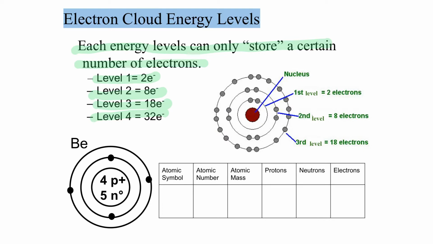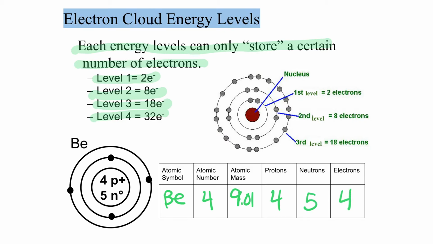So if we are looking at this Bohr model, the atomic symbol would be beryllium. The atomic number is 4. The atomic mass is 9.01 from previous. 4 protons, 5 neutrons, and 4 electrons.